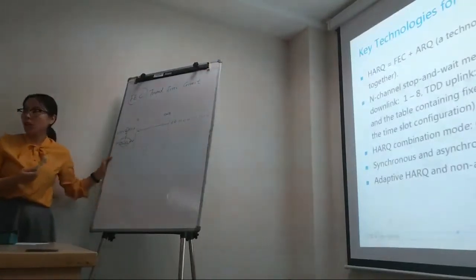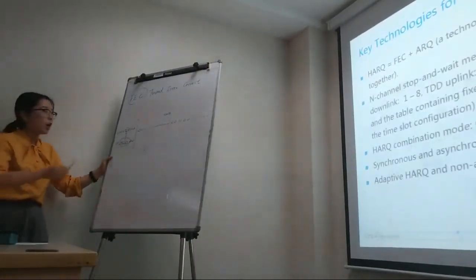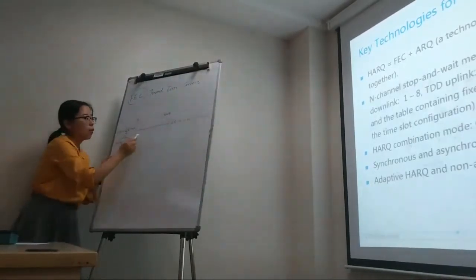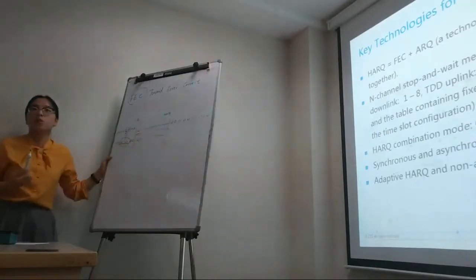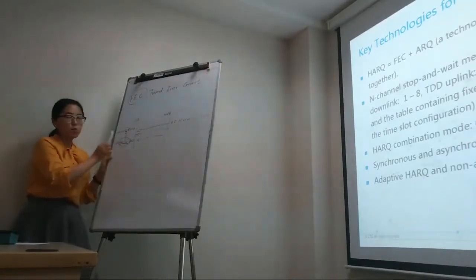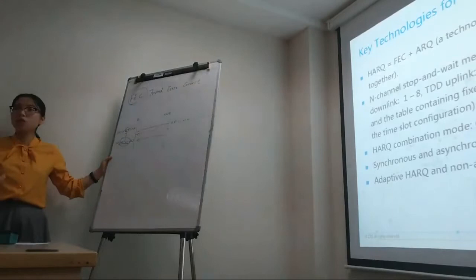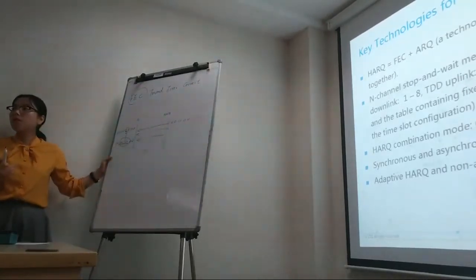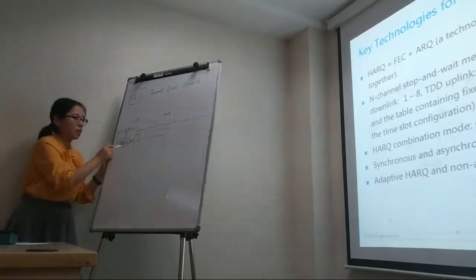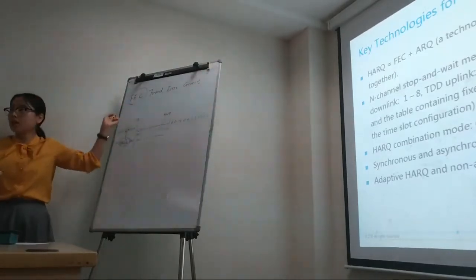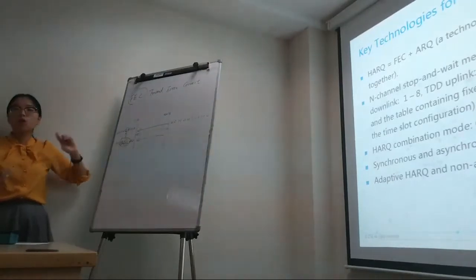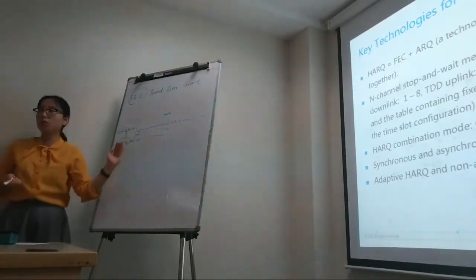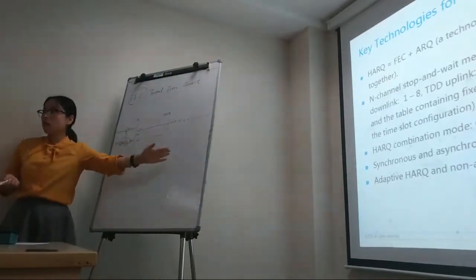If I can correct it within my ability, I get the right one and receive the next, like this. But if the error is very large, I cannot decode it, so I just delete it and don't give feedback. This enhances the rate efficiency, since I don't give feedback.